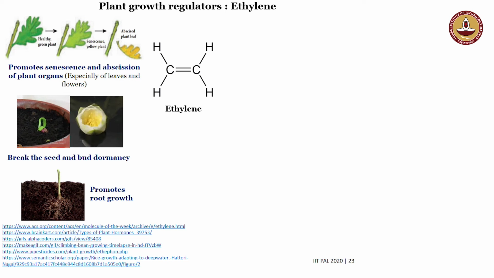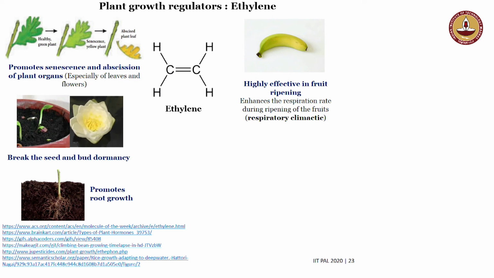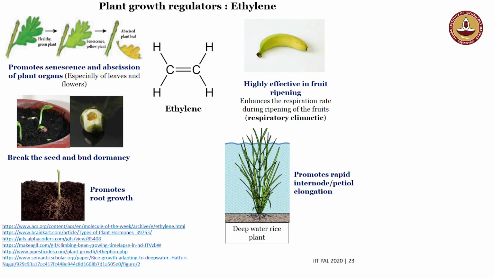It also promotes root growth. Ethylene is also highly effective in fruit ripening, as it enhances the respiration rate during ripening of the fruits. In deep water rice plants, one can see ethylene promoting rapid internode and petiole elongation.